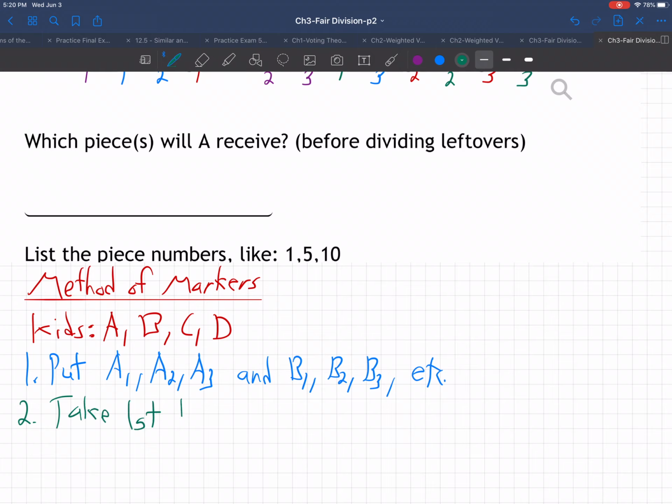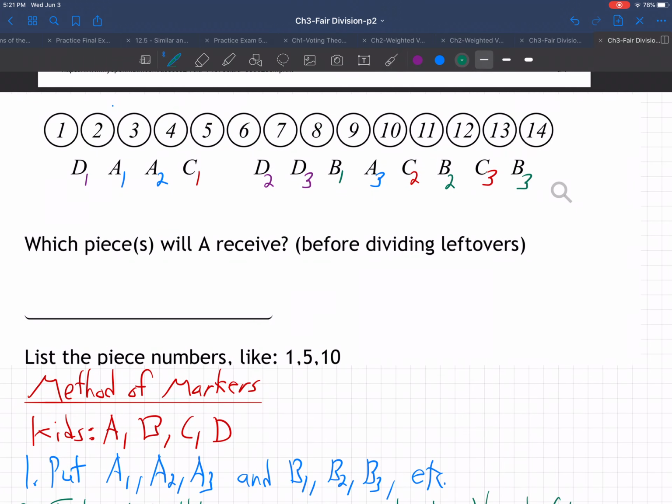Step number 2. Take the first number 1 marker, circle to the left. So what's the first number 1 marker? We're starting on the left here. Well, right there, D1. So it's marking right there between candies 1 and 2. All these markers are sitting between candies, separating the candies into different sections.